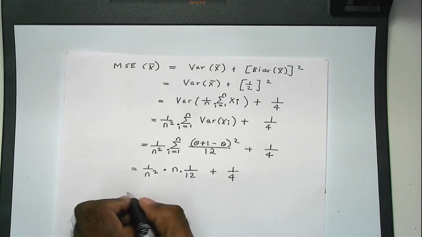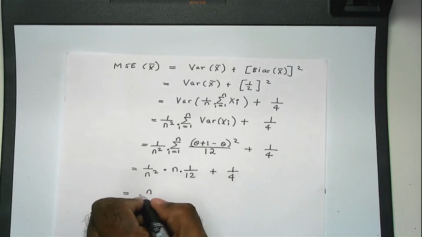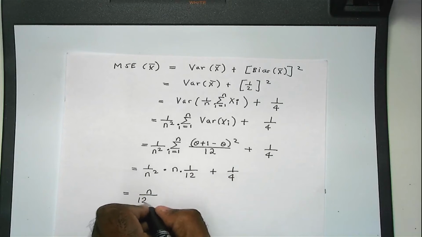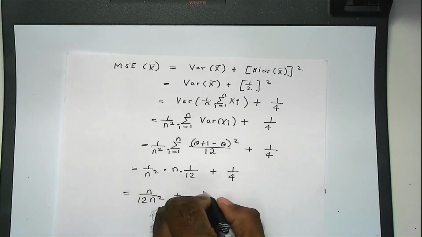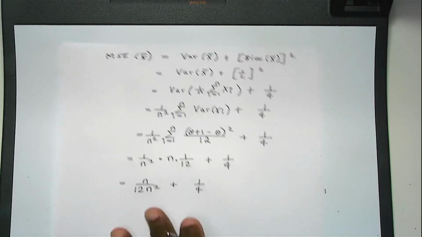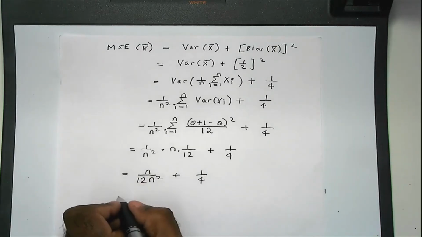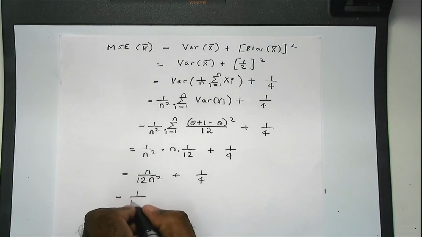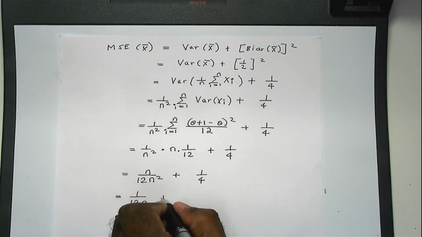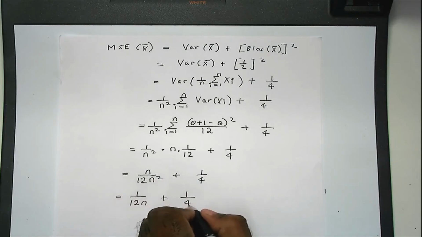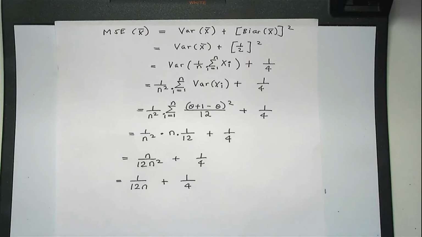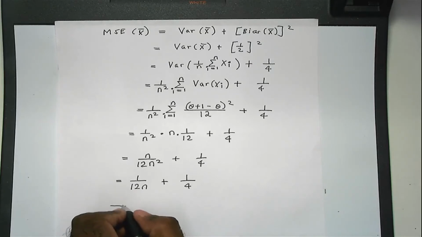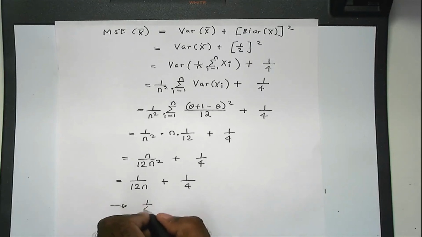So this is n divided by 12 n squared, which is 1 divided by 12 n plus a quarter. And this, as n approaches infinity, goes to a quarter.